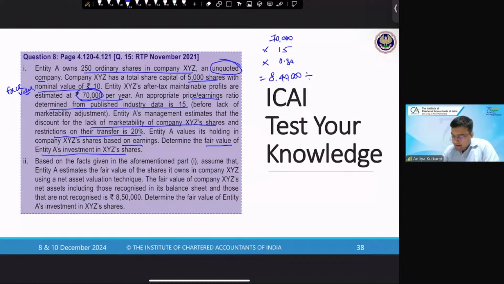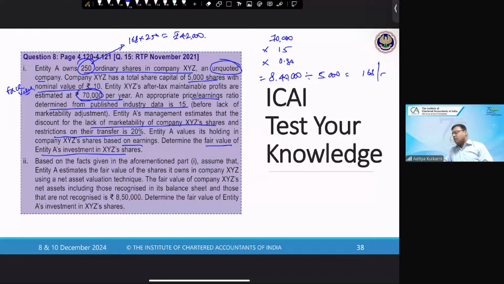8,40,000 divided by how many shares are there? This is for the entire enterprise XYZ. So divided by 5,000, that leaves you with 168 rupees per share. I am owning 250 ordinary shares. So 168 into 250 gives you 42,000 rupees.